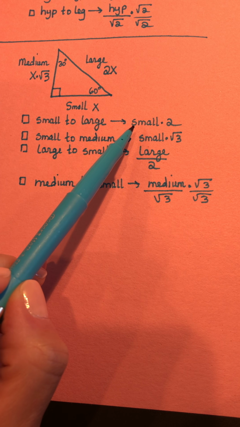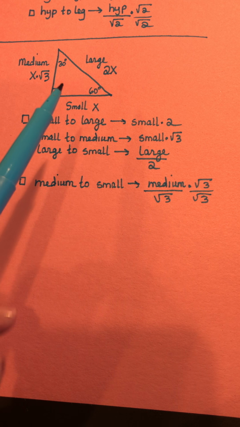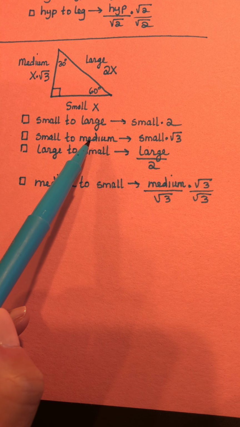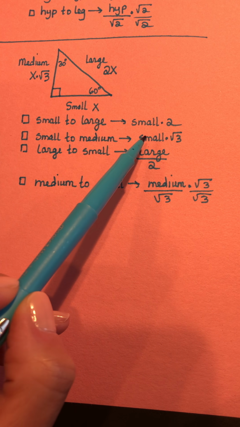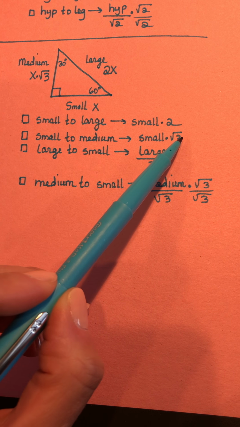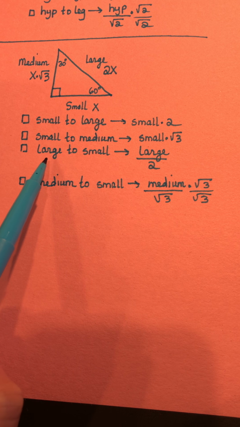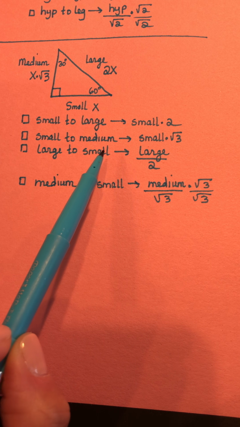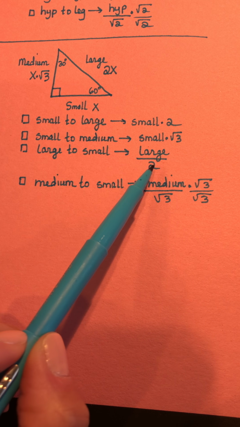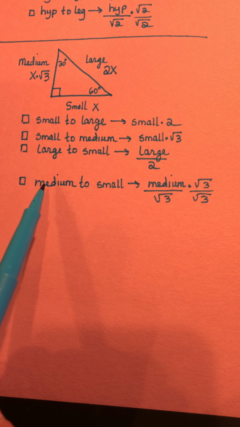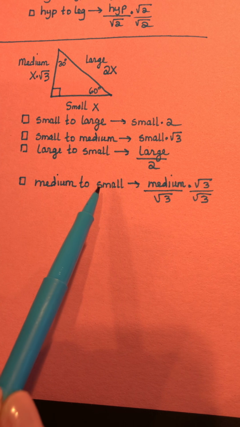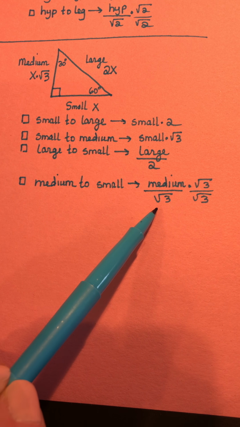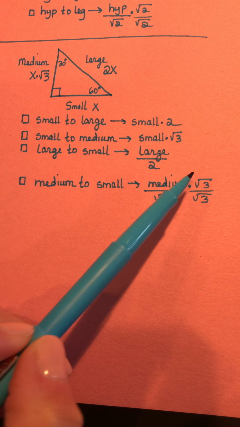I'm taking my small side, multiplying by 2. Going from small to medium, I'm also going up. I'm taking my small side, multiplying by root 3. Going large to small, going down, taking my large side, dividing by 2. Going from medium to small, again, I'm going down. Medium divided by root 3 times root 3 over 3.